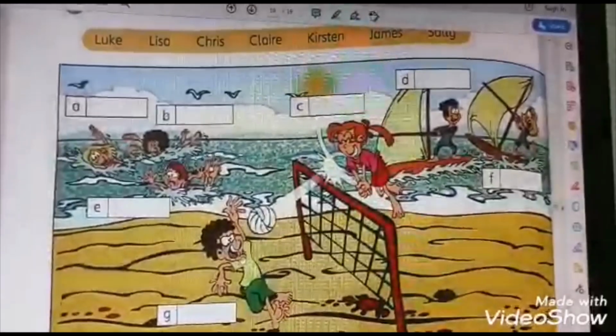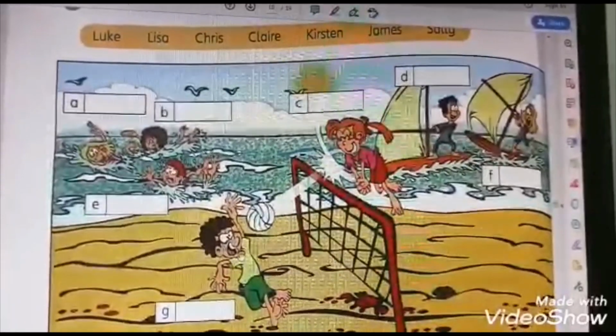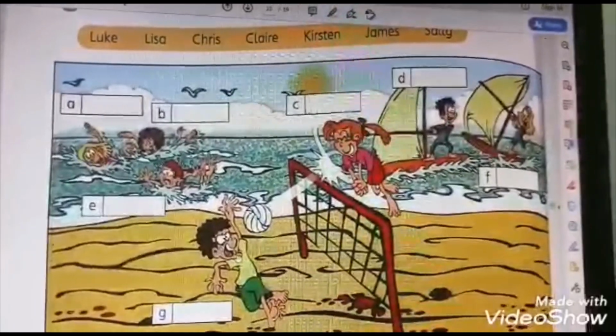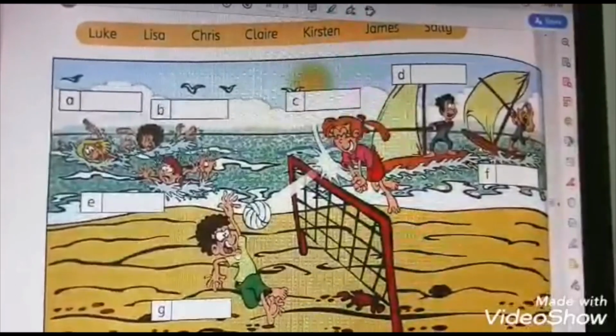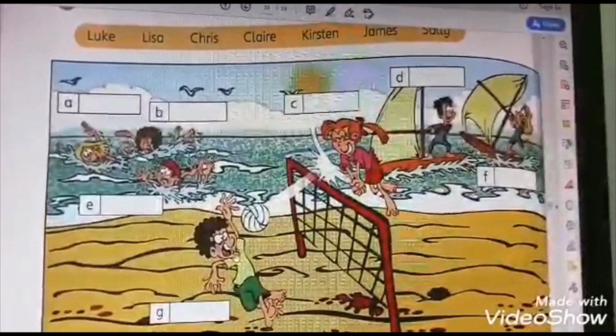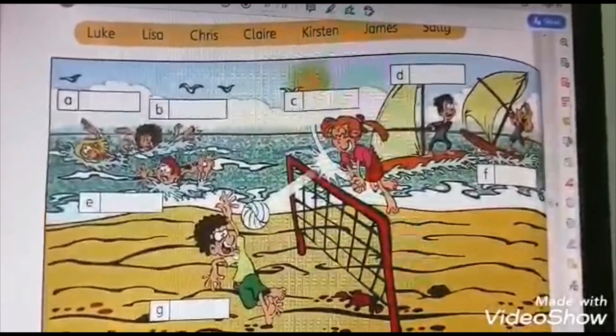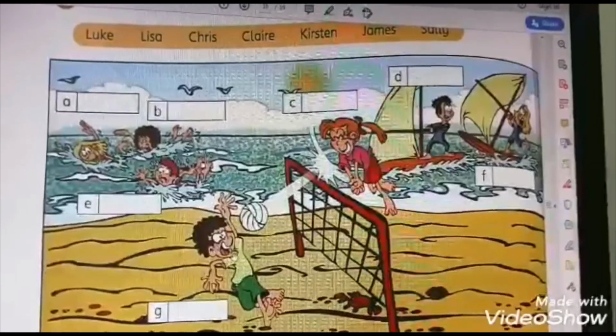Yes, he is. 5. Do you want to go swimming? Sure, I love swimming. Oh, there's Kirsten. Who's Kirsten? The girl swimming over there. The blonde one? No, Kirsten has got brown hair. 6.